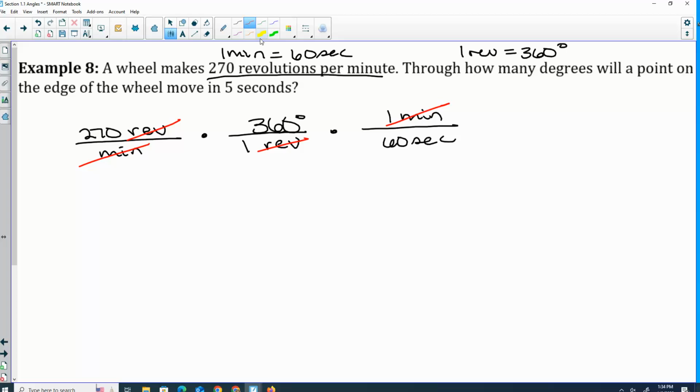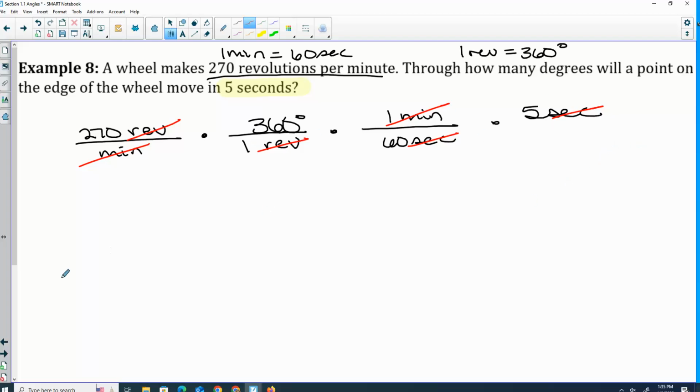What's the last piece of information we have? In the problem, it tells me it's moving for 5 seconds. So I'm just going to take it times the 5 seconds. And that's helpful because seconds on top and bottom cancel. My question was through how many degrees? Notice degrees is the only unit I have left.